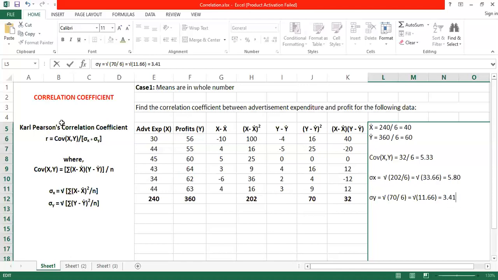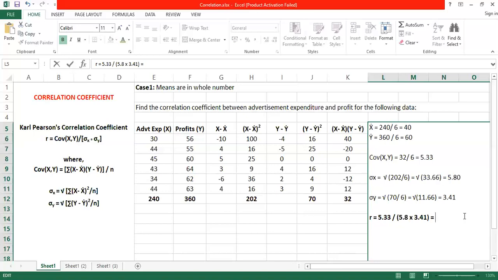Now see, we are supposed to calculate R, for which we need covariance of xy. We have covariance of xy. We need sigma x, we have sigma x. We need sigma y, we have sigma y. So let us calculate our R equals covariance of xy, 5.33, divided by sigma x into sigma y, which is 5.8 into 3.41.